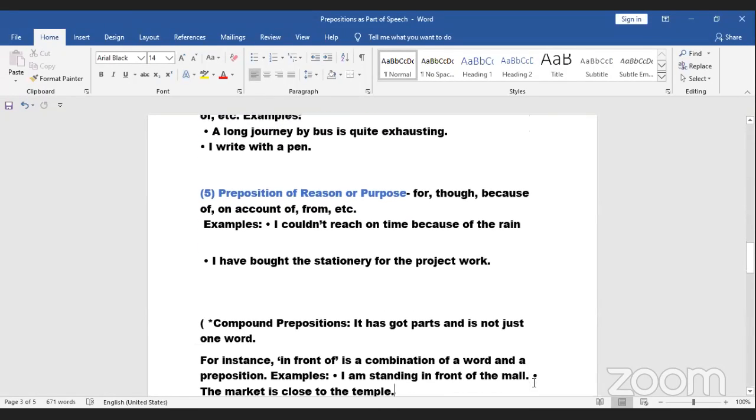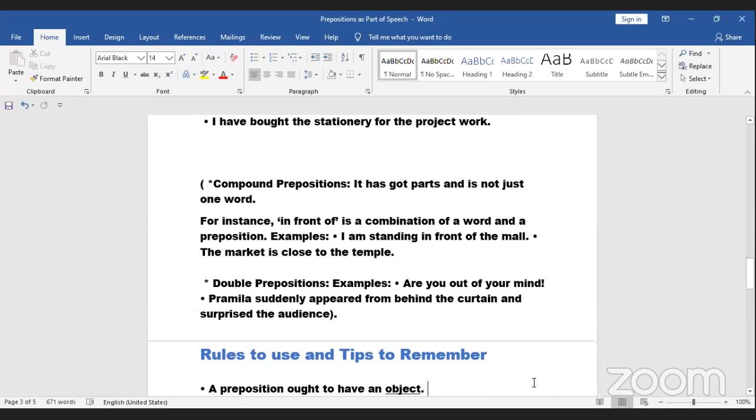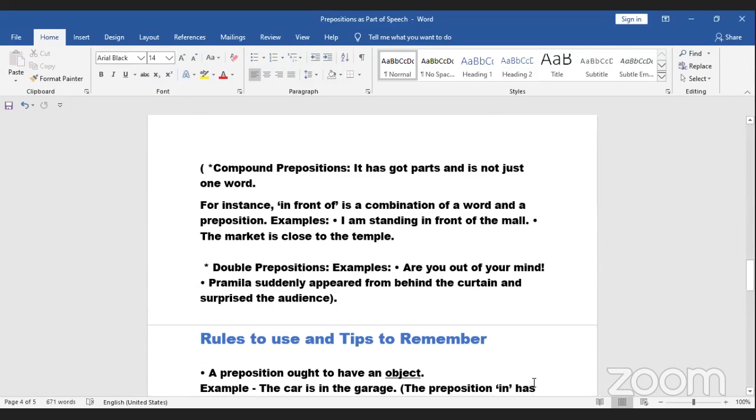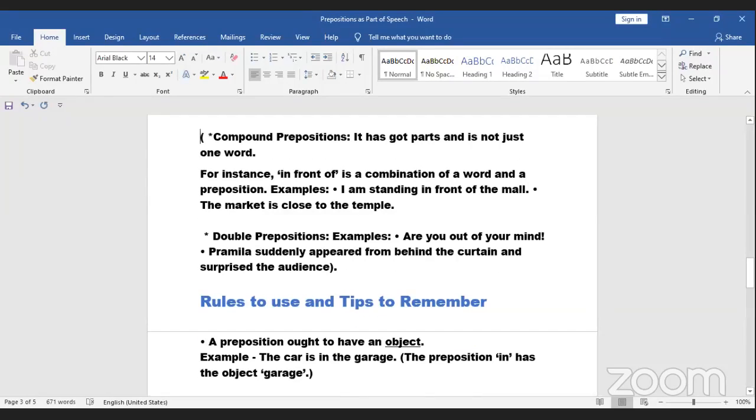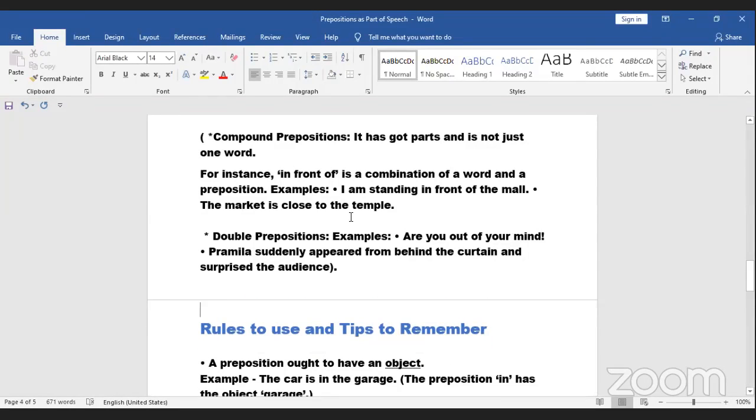Small doubts, just clear them right away so that it will be beneficial for your exam. Because if you are not competent enough in everyday English, then it's very hard. No, I'm not talking about you, Pratap Singh. It's good that whatever doubt you have, you shoot it right away. If you do not know a thing, it's never a shame to ask.